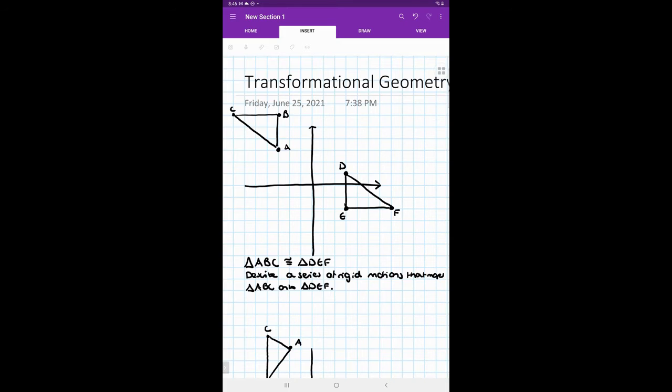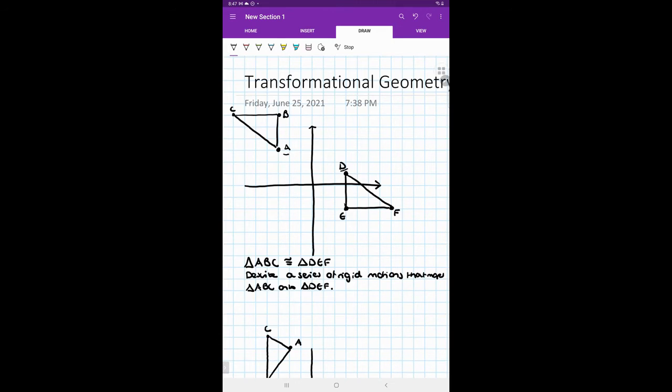Well, first of all, thinking about this, we don't have it that all of the points in the new triangle go to the same quadrant, for example. So a rotation might not be the best idea. But we see that because A corresponds to D, a simple translation won't work.